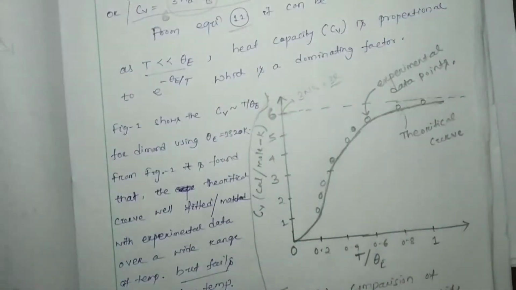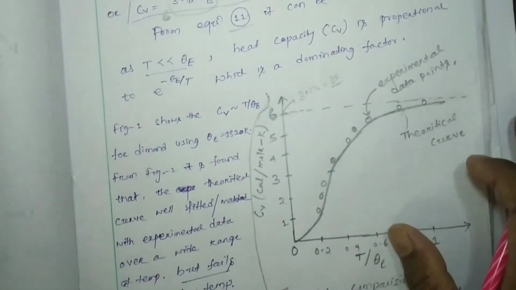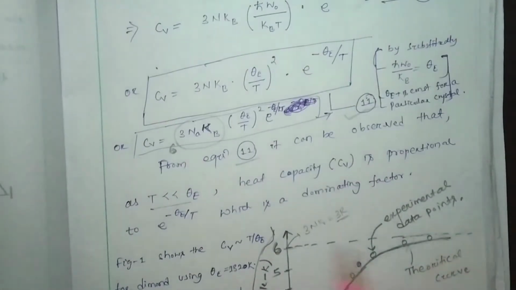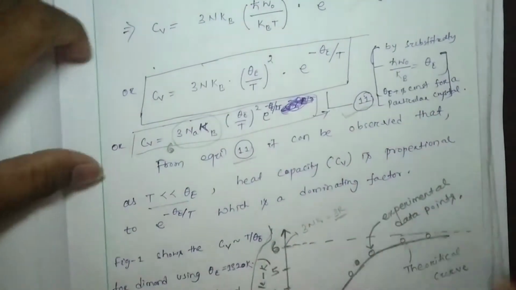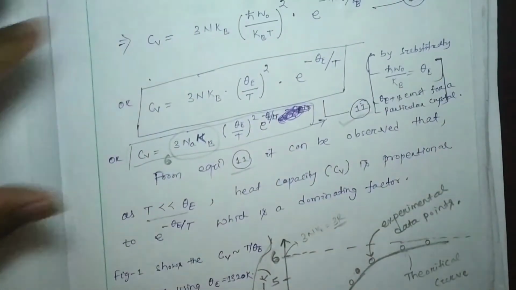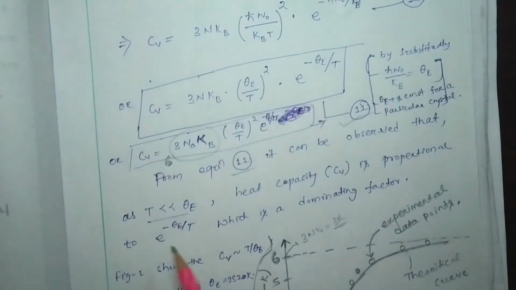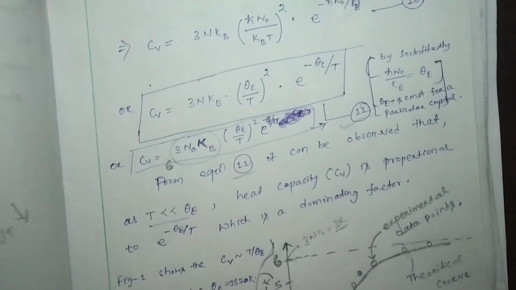But we found at that time that the classical model could not explain why the specific heat decreases with decrease of temperature. Here you can see the Einstein model is able to explain why it decreases, by considering the Einstein assumptions we discussed in our last two videos.